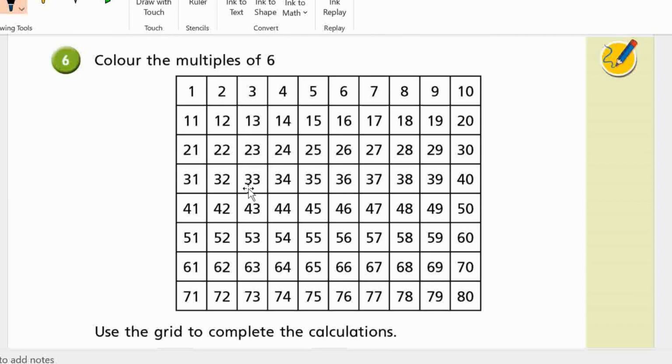Okay, let's move on quickly. Color the multiples of 6. So I need to get my color. I've got green. Maybe you'll use a different color. So 6, again, I'm just doing the 6 times table. And 12, what's next? 18, next after 18, 24, and there we go. So yeah, that's right. I was just looking for the number 36. And we can see there's a pattern now, can't we?